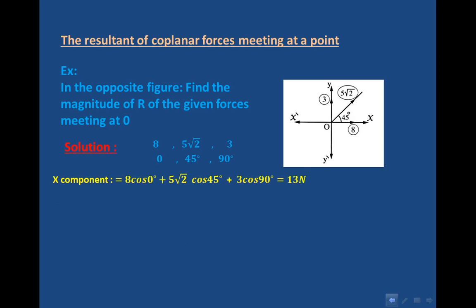Then you should find the x component and the y component of these forces. The x component can be calculated by the value of the force multiplied by the cosine of the angle calculated before. 8 multiplied by cosine 0 plus 5 root 2 multiplied by cosine 45 plus 3 multiplied by cosine 90 equals 13.